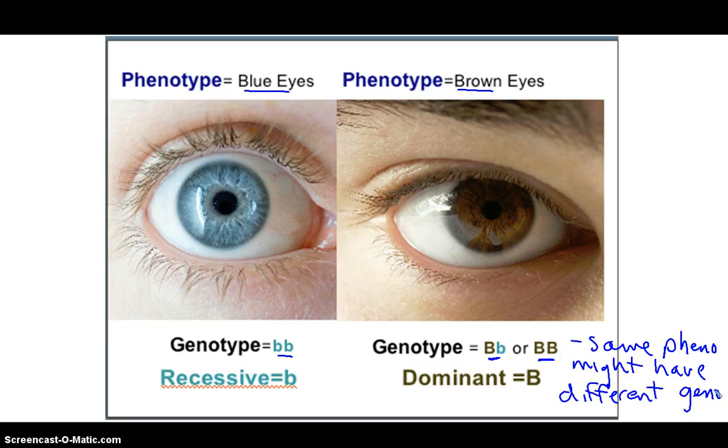So if you go up to someone and see that they have brown eyes, you can't tell whether they are heterozygous or homozygous for that trait. You know that they have one dominant allele, but you can't tell which it is. But if you go up to someone who has blue eyes, you know right away the only way they can have blue eyes is if they're homozygous recessive and have two little b's.